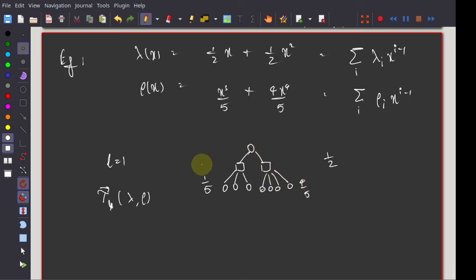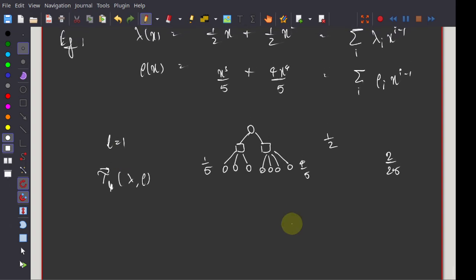So the probability of picking this particular graph is half times 1 by 5 times 4, which is 4 divided by 25 times 2, or 2 by 25. So with probability 2 by 25, I will end up with this particular graph. This is for L equal to 1.